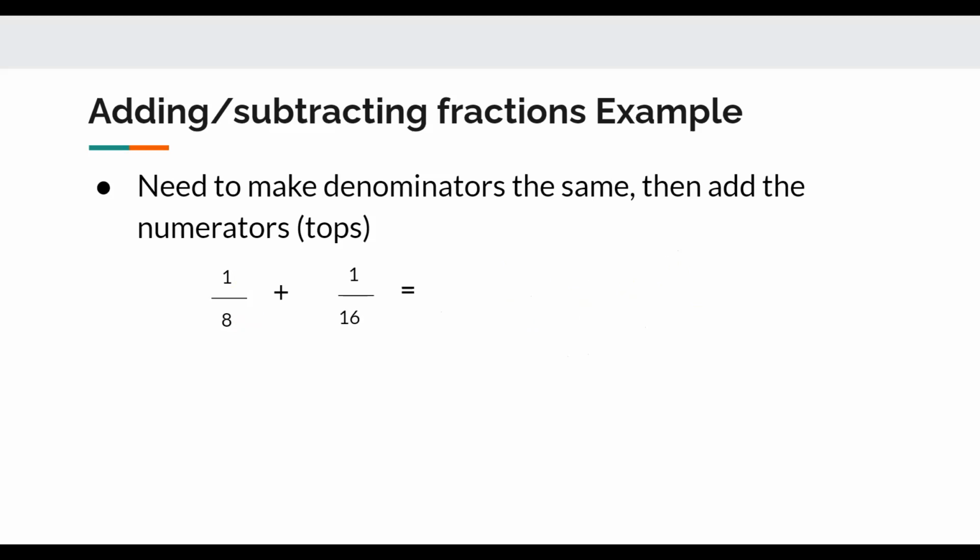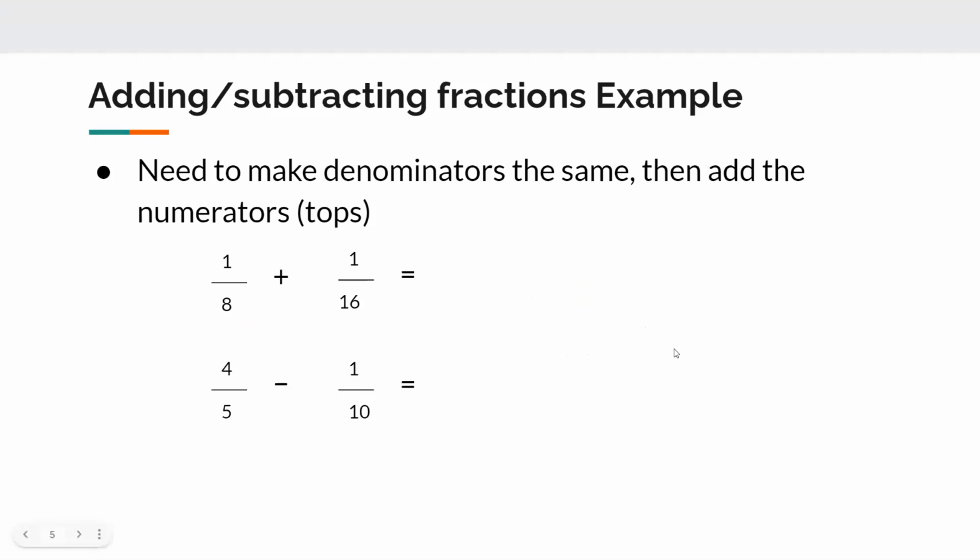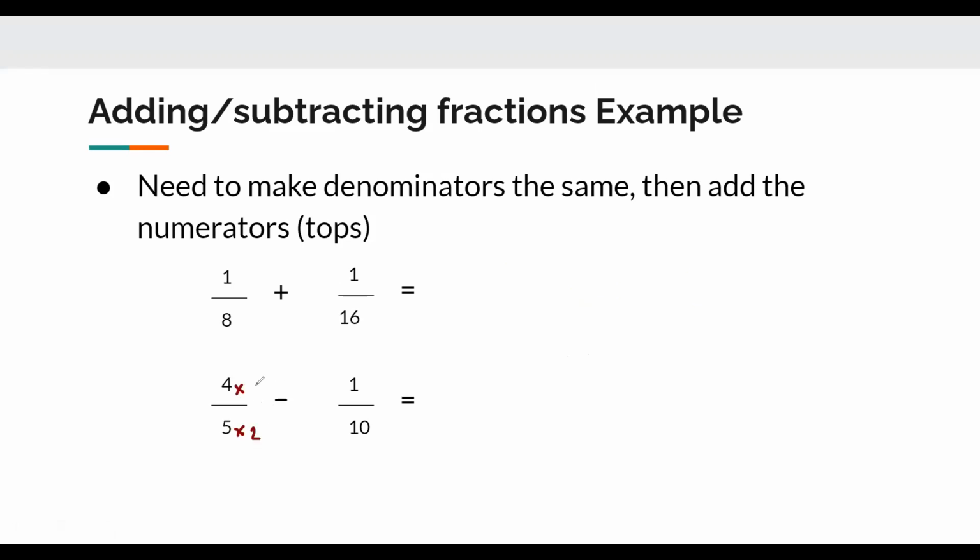Let's look at another one. 4/5 minus 1/10. The denominators are not the same, but we can turn a 5 into a 10 by multiplying by 2. That is a common adjustment, but remember, we also have to multiply the top of that fraction by 2. That will give us 8/10 minus 1/10.